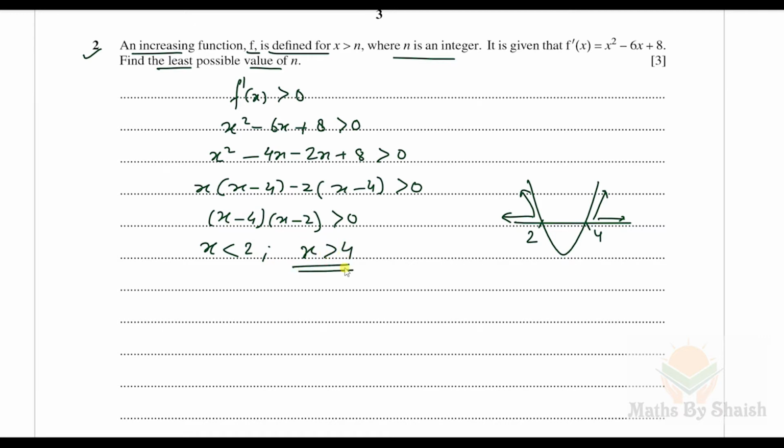So for the least value of n, we know it is defined for x greater than n, so x should be greater than 4, and hence the least value of n is equal to 4. There can be other values like 5, 6, 7 and so on, because any value more than 4 is acceptable. So the least possible value of n is 4.